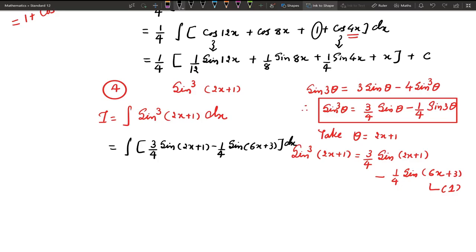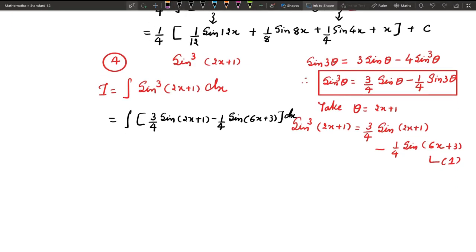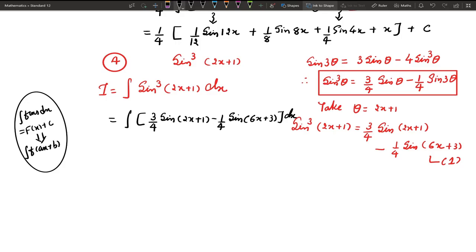dx. So now we can integrate term wise and we have to use the formula: if integration f of x dx equals F of x plus c, then integration f of ax plus b dx equals 1 by a F of ax plus b plus c.